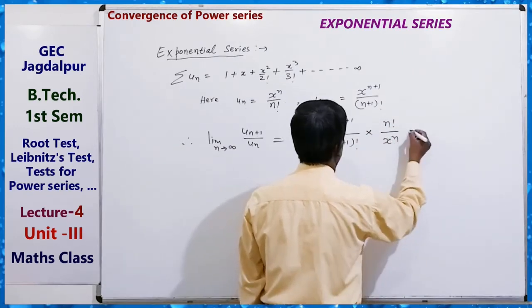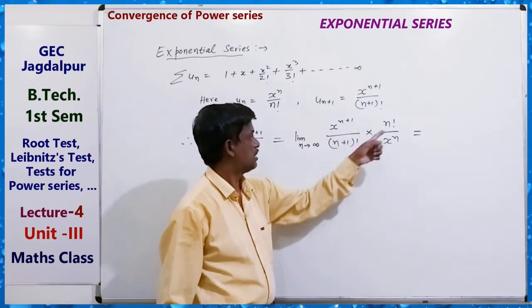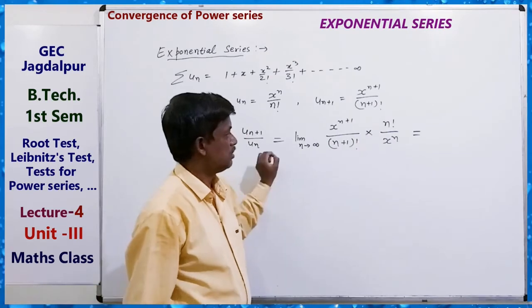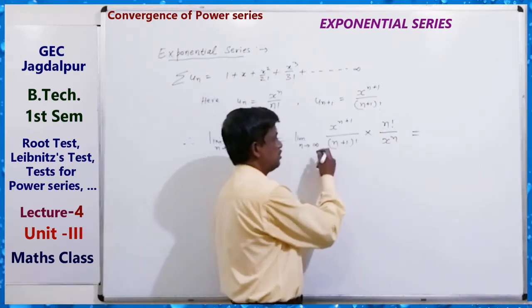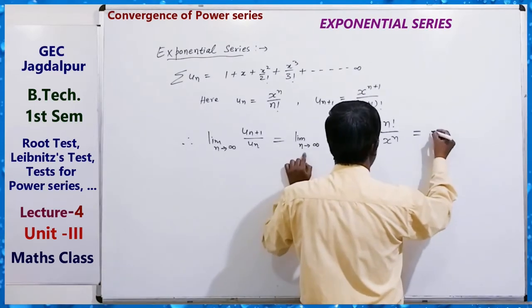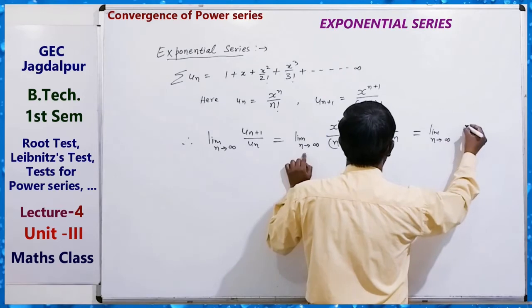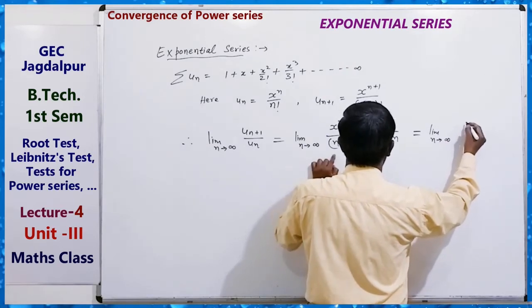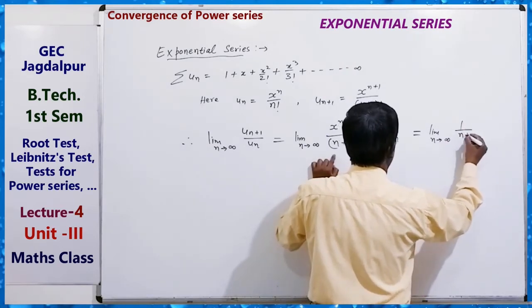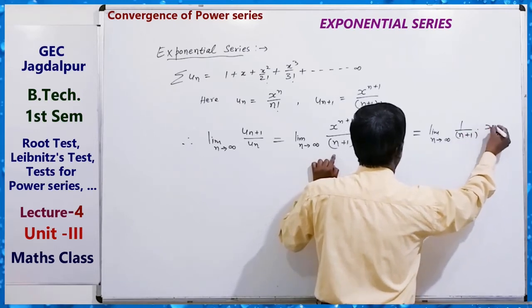So this equals what? x to the power n cancels with x to the power n, n factorial and (n+1) factorial, n+1 can be taken outside. So here we see limit n tending to infinity of 1 upon n+1 into x.